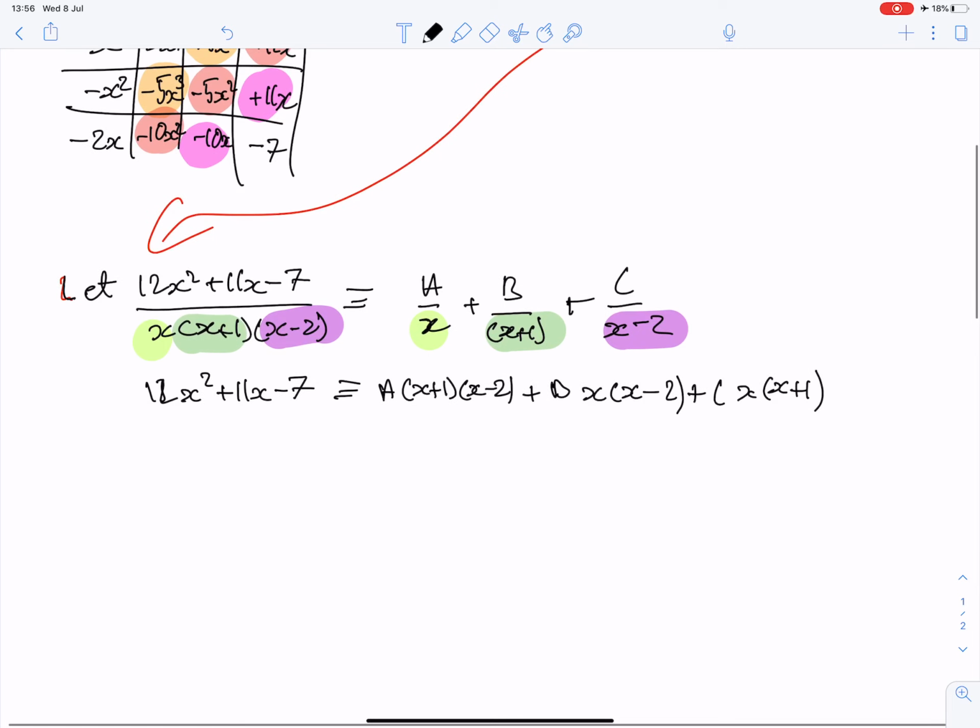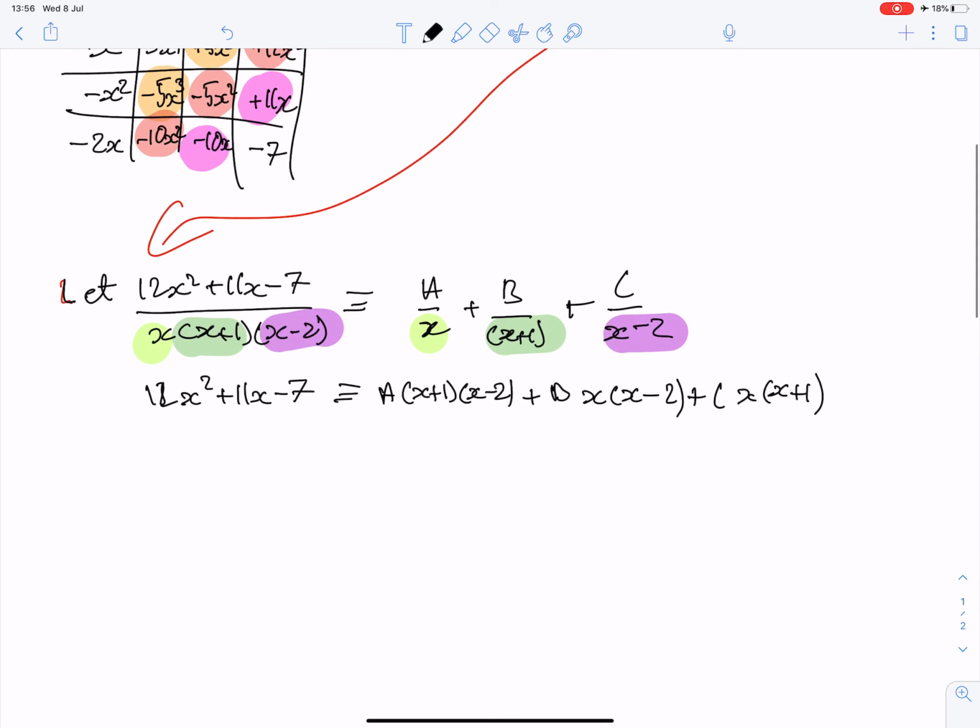Okay, so since it's an identity sign here, it's true for all values of x. So if we put in particular values of x, it's still true. And good ones are ones that make these brackets equal to 0. So the first thing we could do is just put in x equals 0.